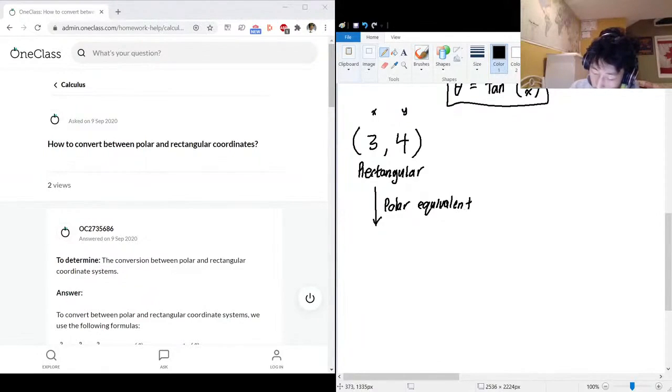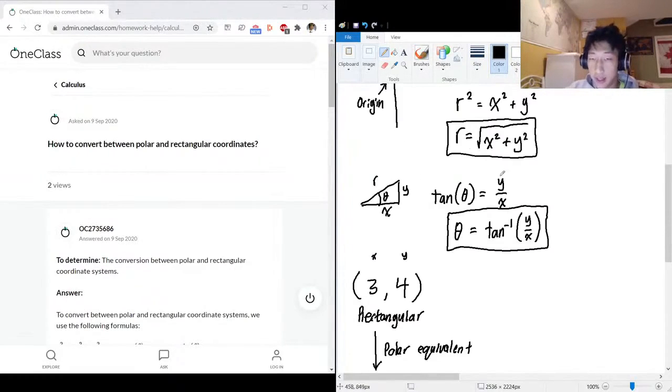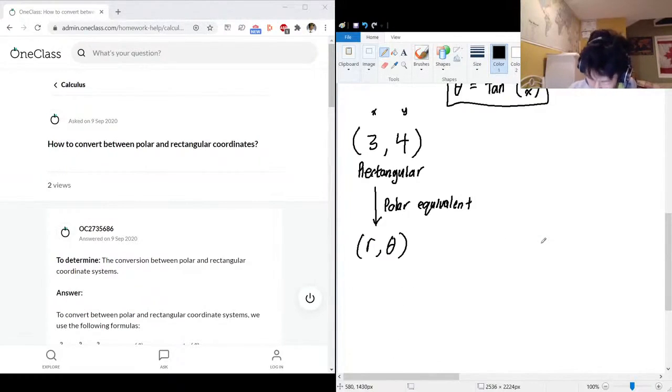So we know our polar equivalent is going to be r, theta. We know that r is equal to the square root of x squared plus y squared, and our theta is inverse tan, also known as arctan, of y divided by x.